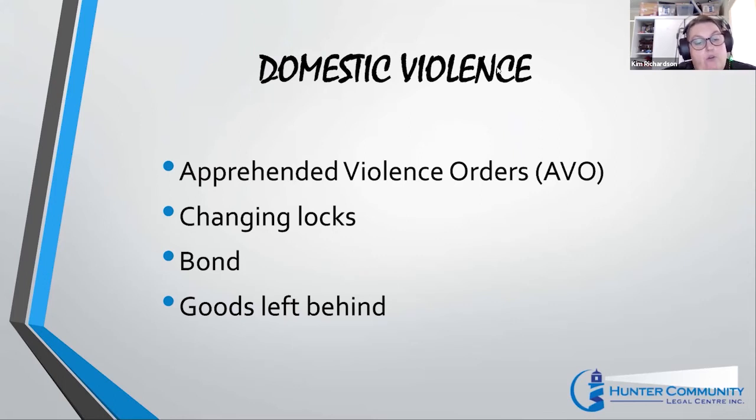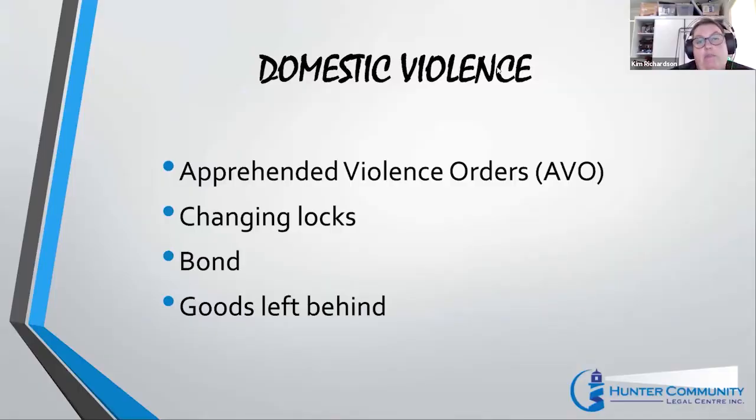Now, you can apply for an AVO. So the AVO would prevent a person from doing certain things so as to ensure the safety and protection of another person. An AVO in itself is a court order. They do not mean that a crime has been committed, but breaching an AVO is a crime. An AVO can either be personal or domestic.